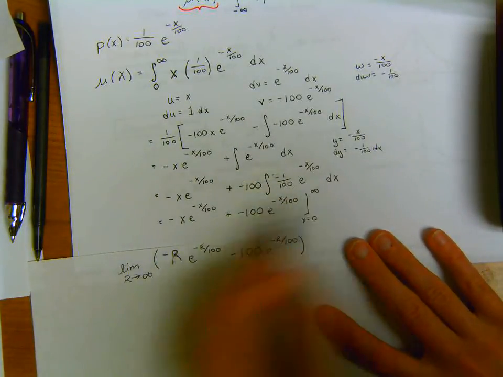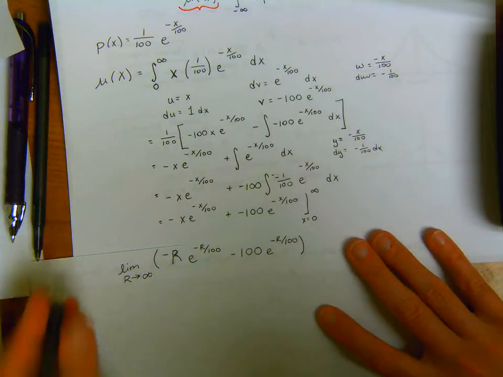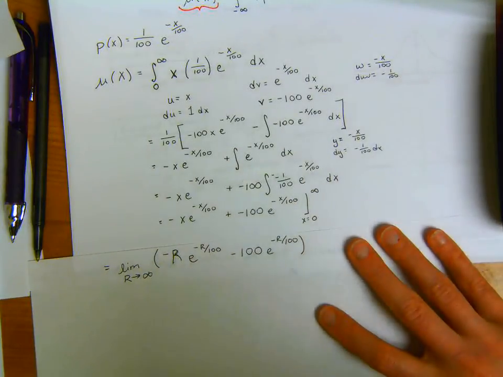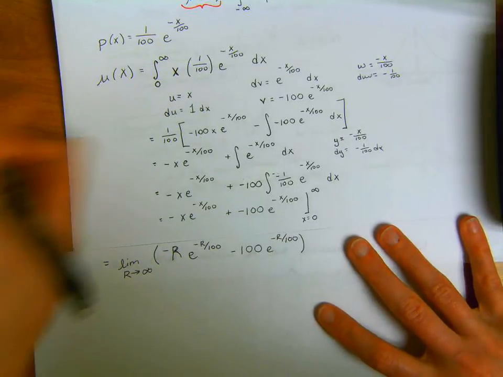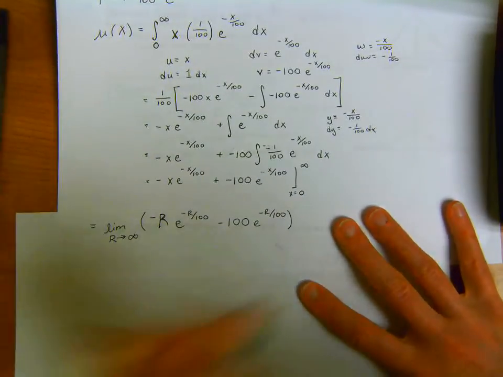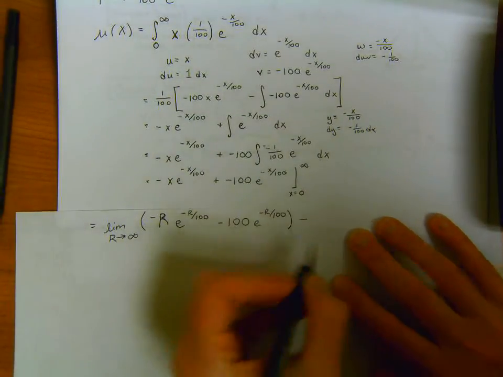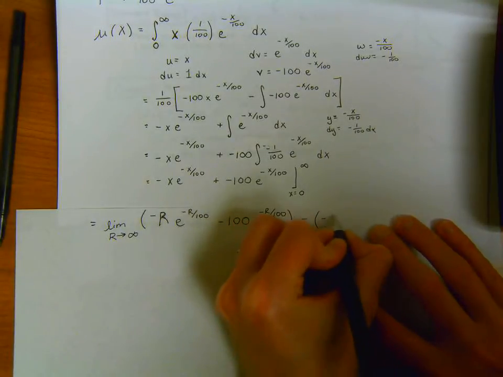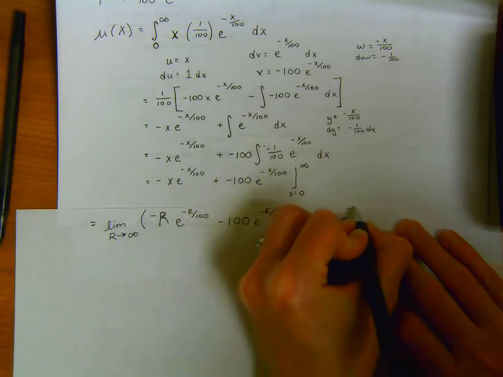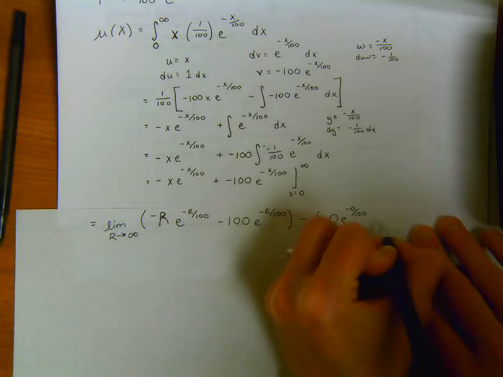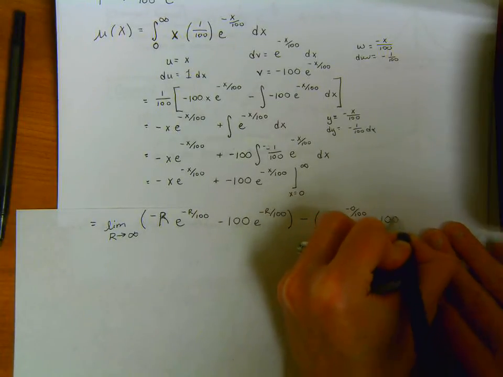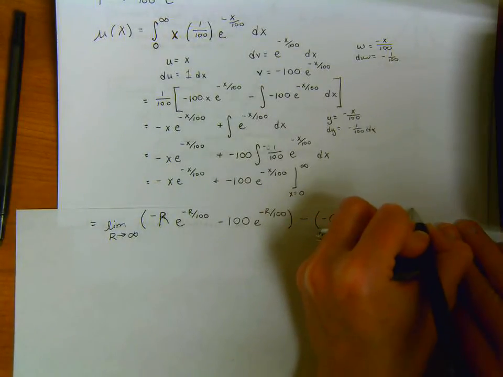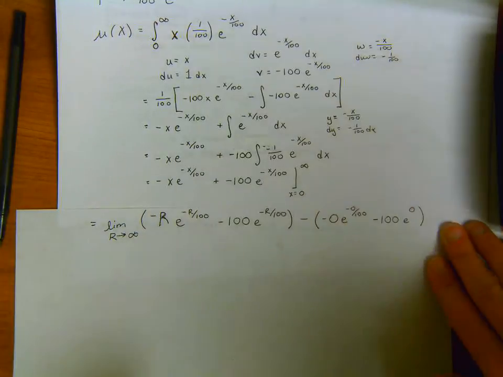So that's evaluating the upper bound at infinity is taking the limit. And then I'm going to find the lower bound. So I subtract out, plugging in 0, negative 0 e to the negative 0 over 100 minus 100 e to the 0. Almost there.